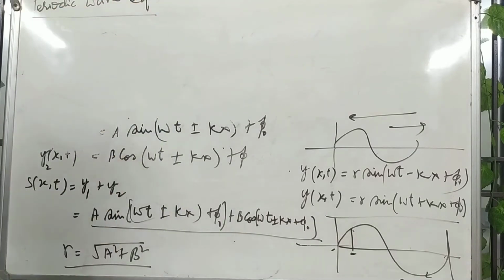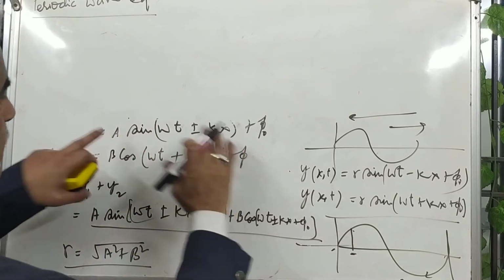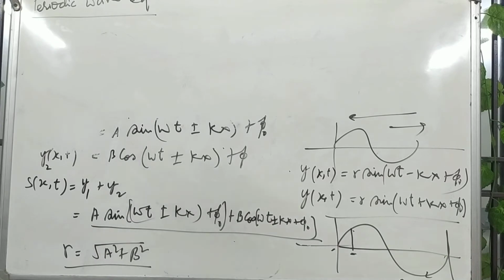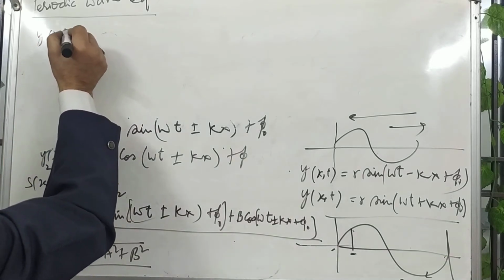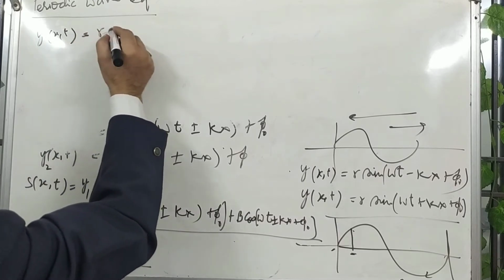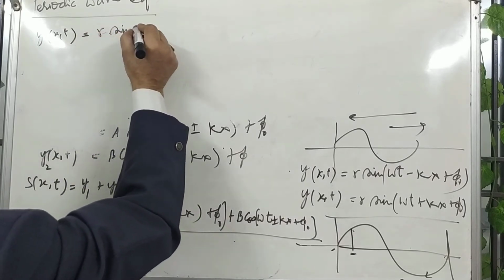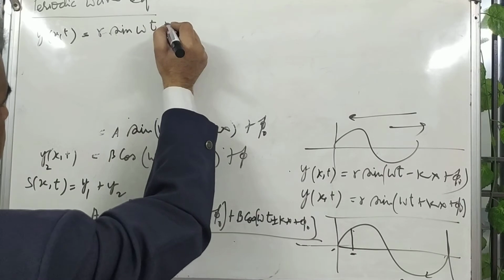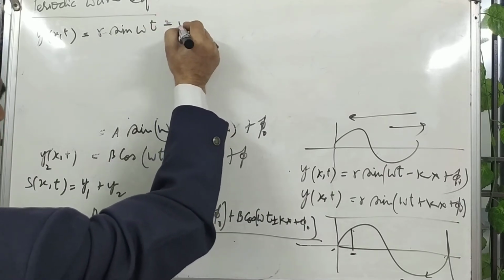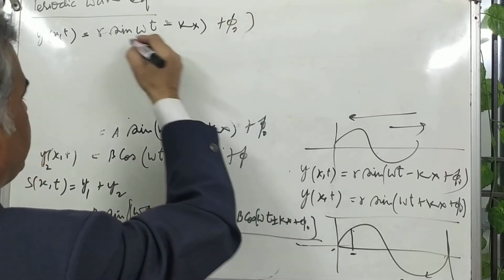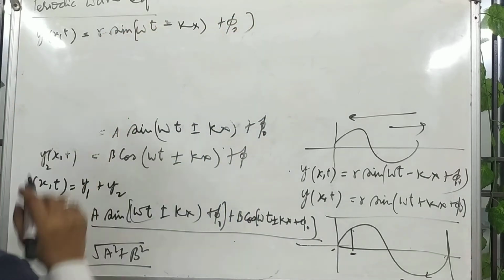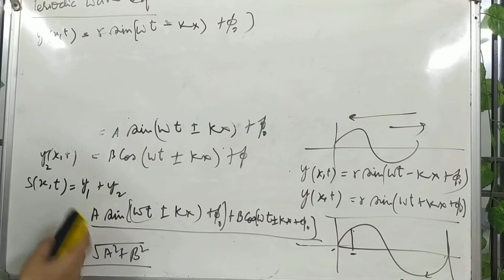Periodic wave equation. Directly, this is periodic also. y(x,t) is r sin(ωt − kx + φ₀). I have written this equation simply. Let φ₀ be 0.